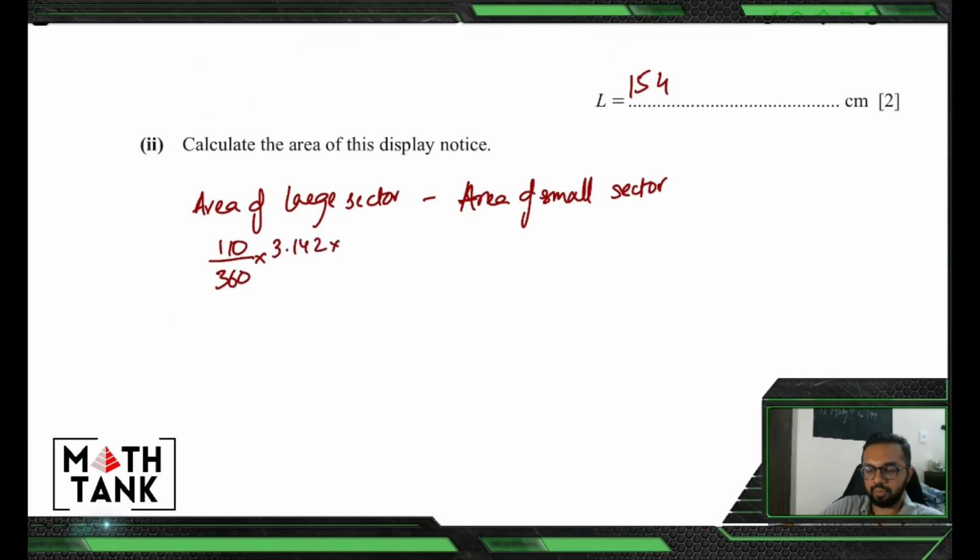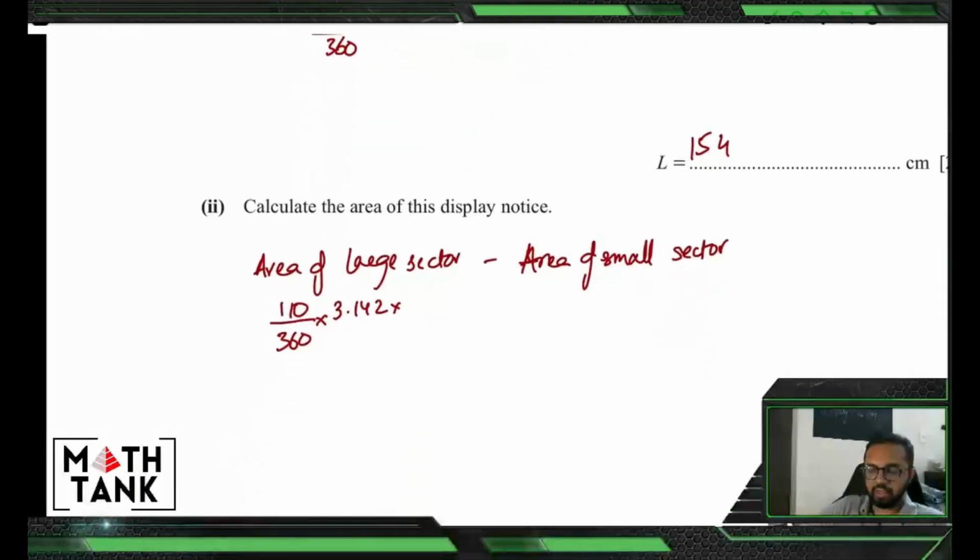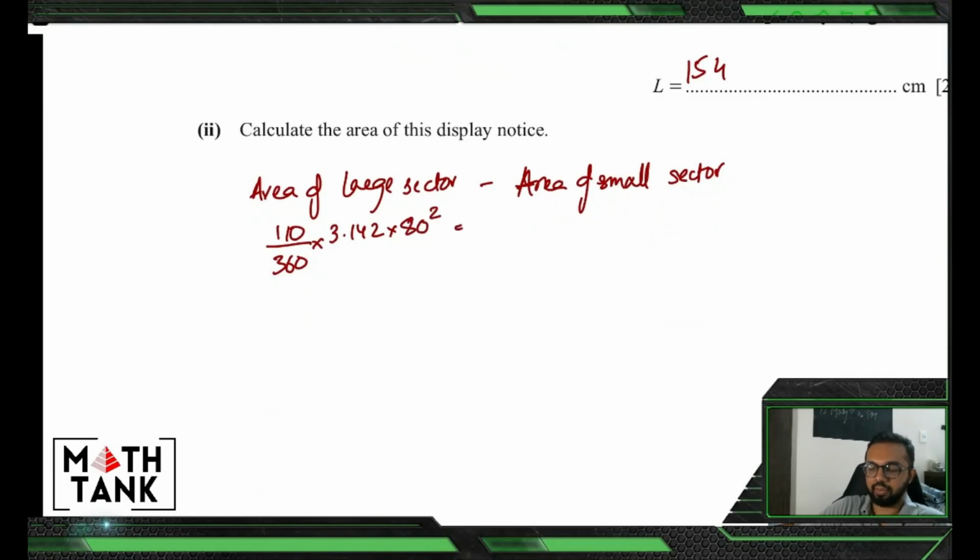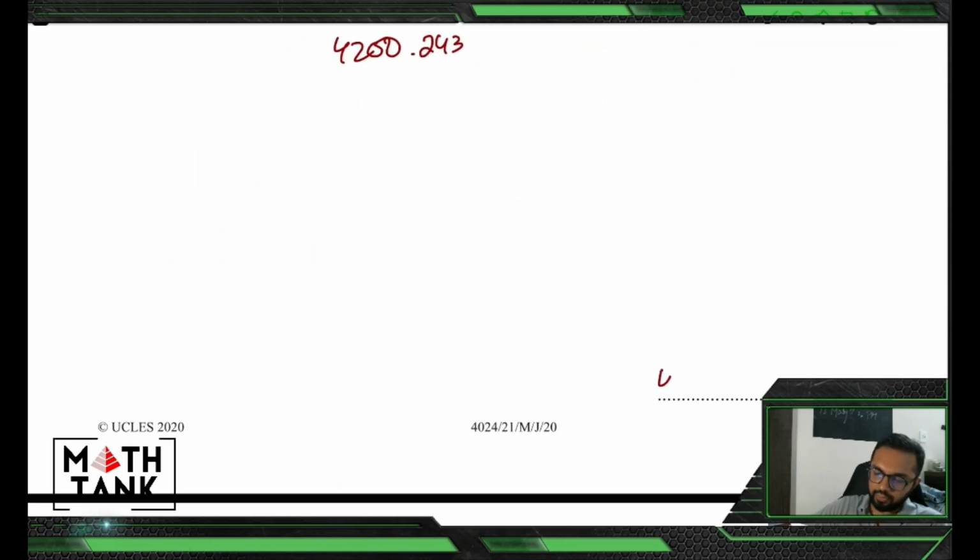So 3.142 into 80 squared minus 45 squared. 80 squared minus 45 squared gives you 4200.243. 4200.